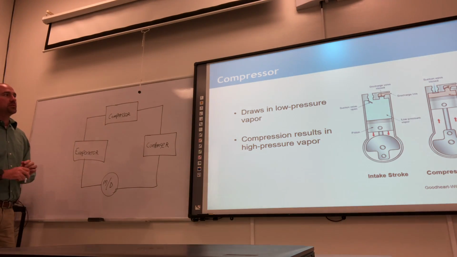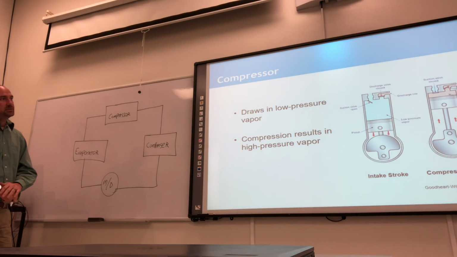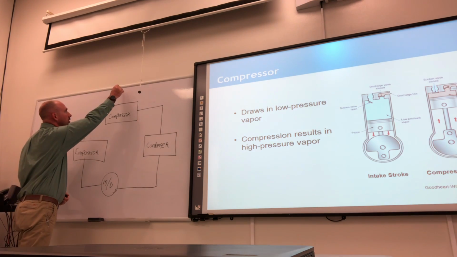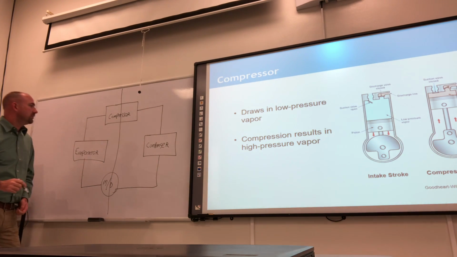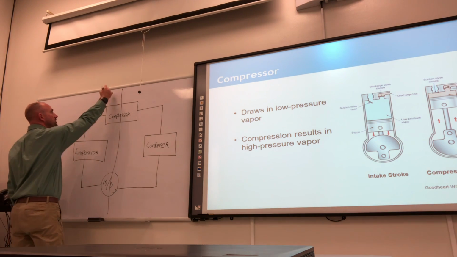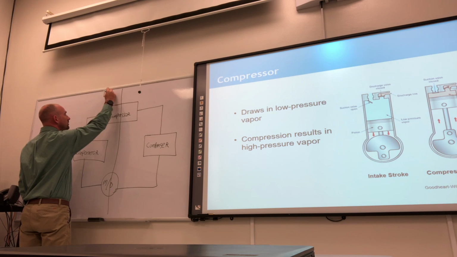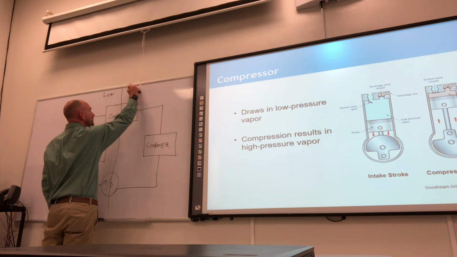As you can see, the compressor draws in a low pressure, and the compression results in a high pressure vapor. So right here down the middle, we can divide this into a high pressure and a low pressure. On this side, we call it low. On this side, we can call it high.